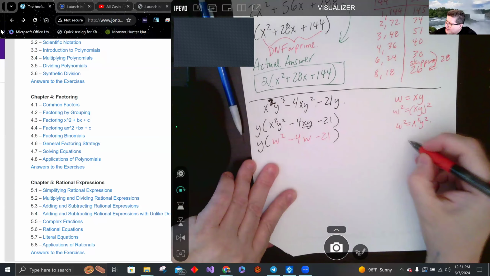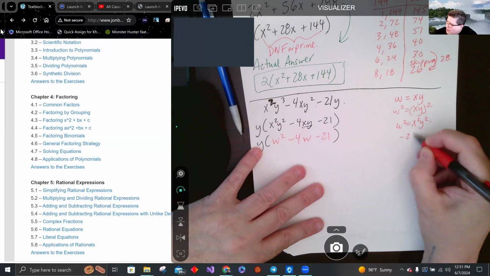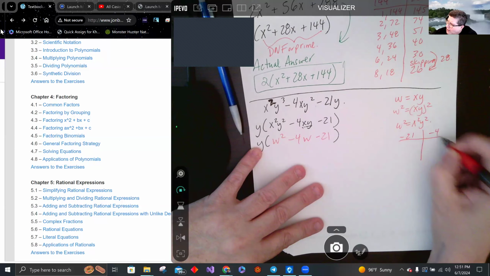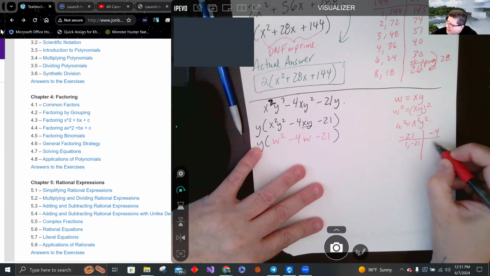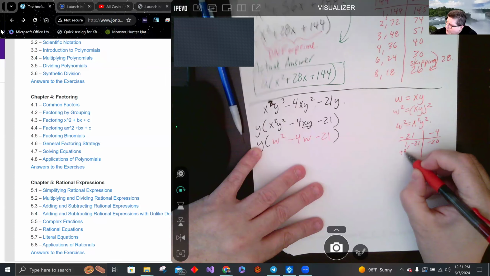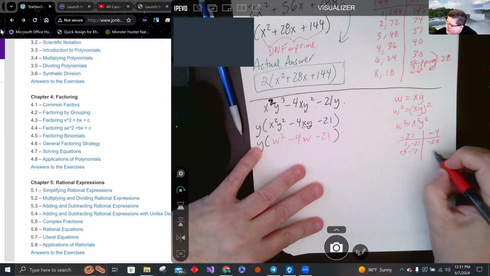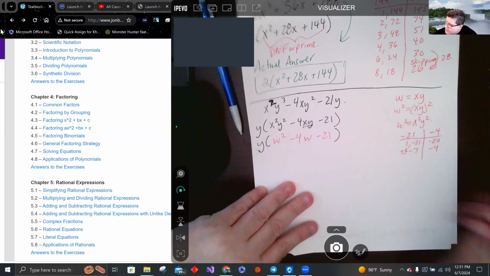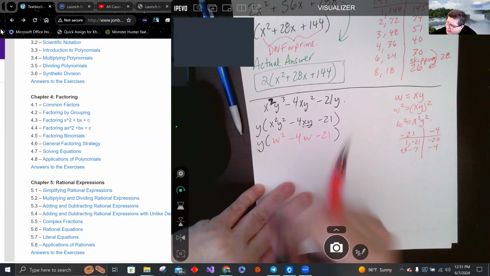Now, if I do the factors here, negative 21 adds to negative 4. 1 and negative 21 is negative 20. Negative 2 doesn't work, but 3 and negative 7 adds to negative 4. So I still got my y out front.